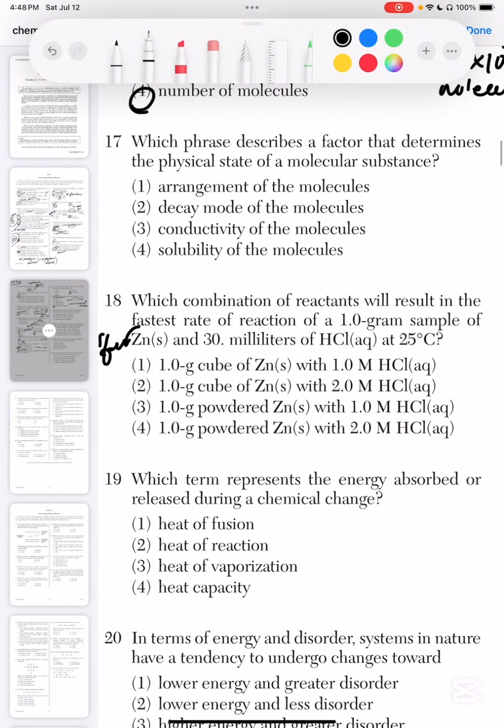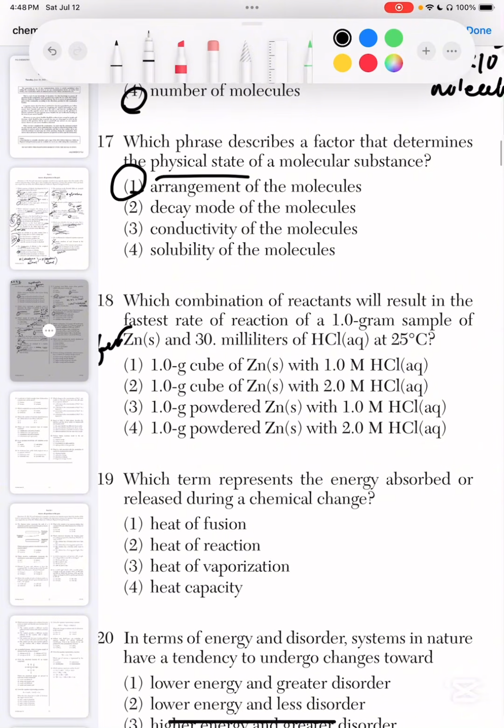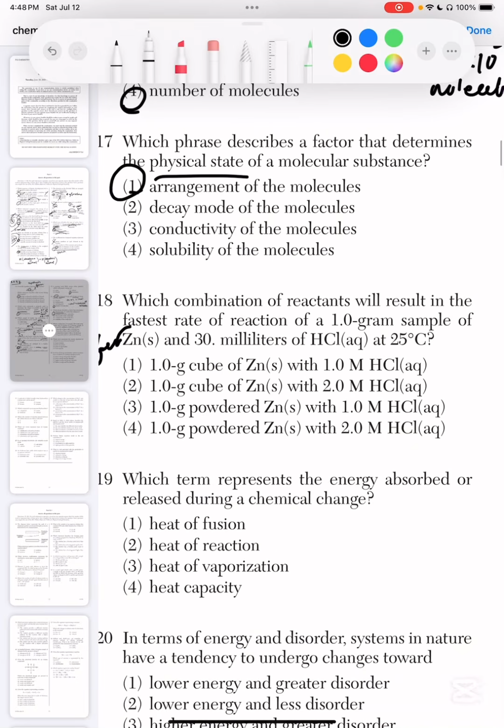Which phrase describes a factor that determines the physical state of a molecular substance? The physical state. Oh, B. It's the arrangement of the molecules that matters, because if you think of the most common example, graphite and diamonds, they're different.